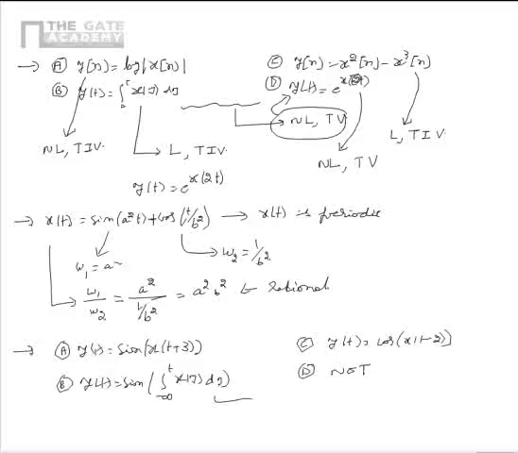We have to find out of the four options given the option that corresponds to causality and not stable case.